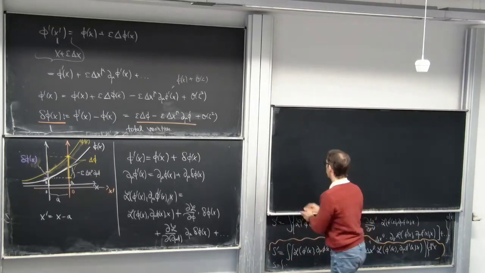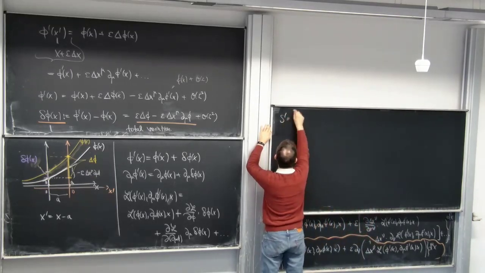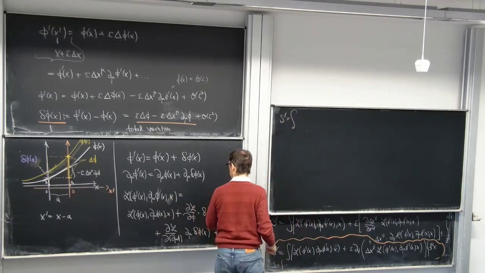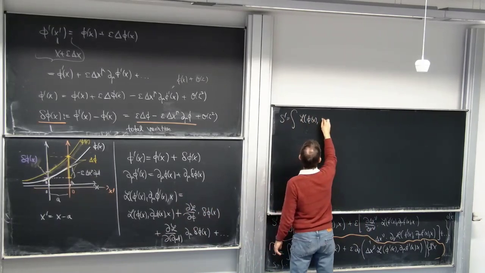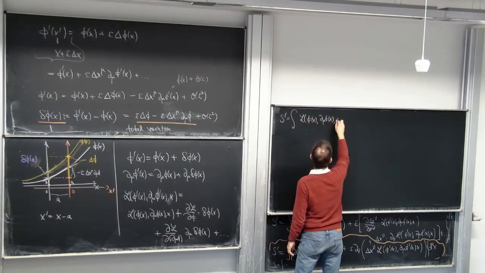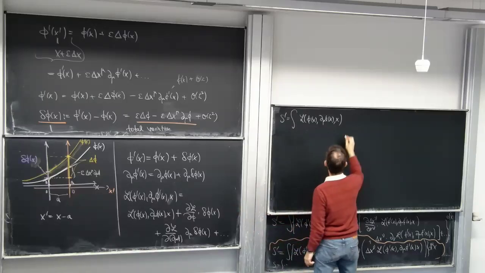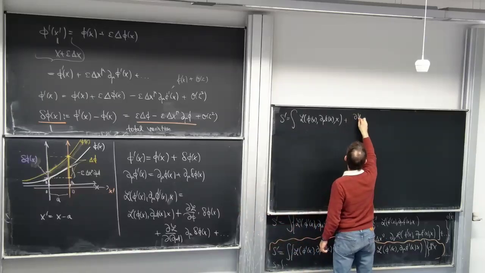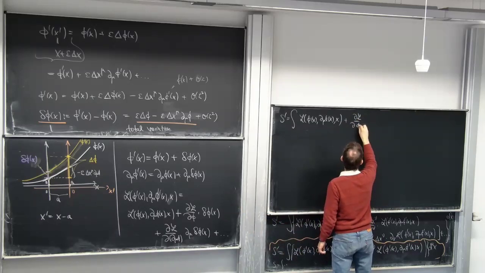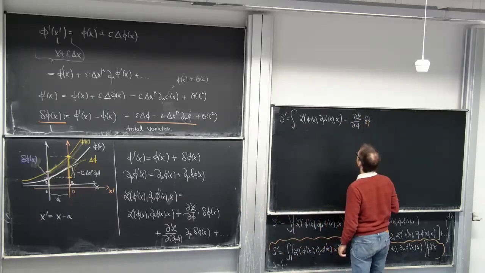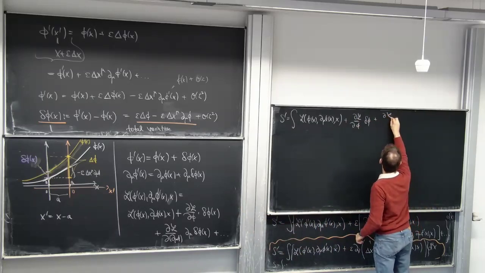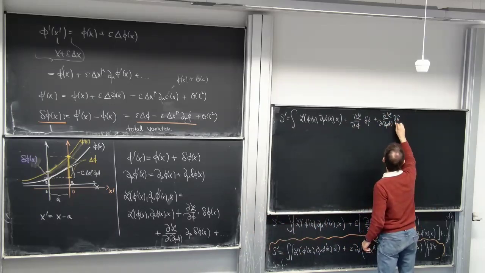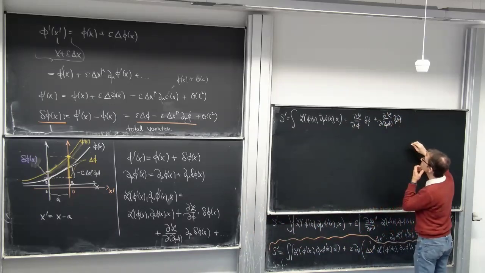So S prime is the integral. Now all three terms: L of phi of x, d mu phi of x, x, plus dL d phi delta phi. The arguments are the same, plus dL d d mu phi times d mu delta phi.